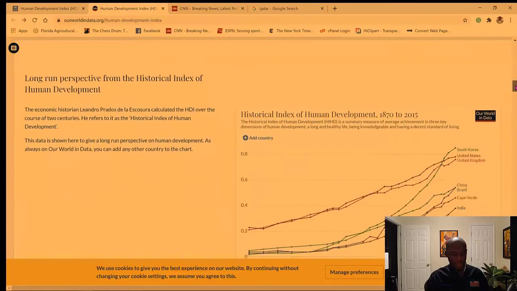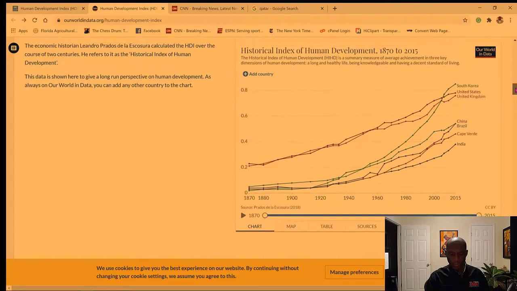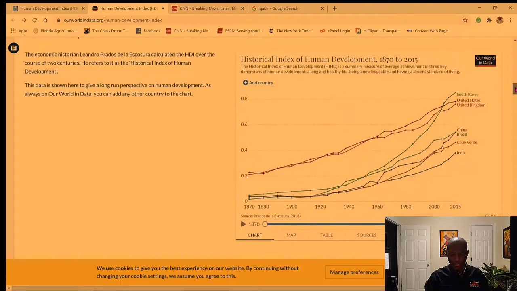So let's look at a few other things before I move forward. They have a lot of graphs here showing you how the Human Development Index has evolved over time, and you see how some of these nations have developed.